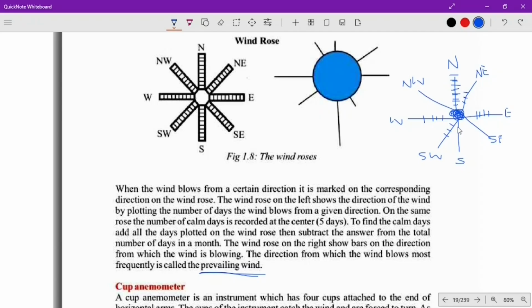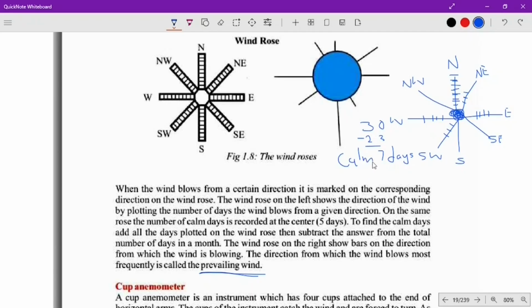So in this case, we have 23 days of wind. If we have 23 days of wind, how many days are calm? Now we say 30 minus 23, which gives us 7 days. These 7 days are called calm days.